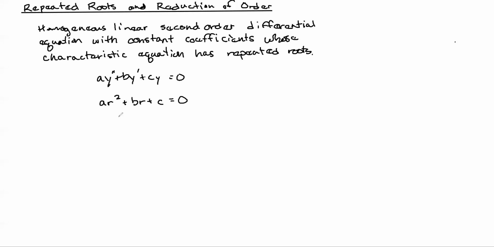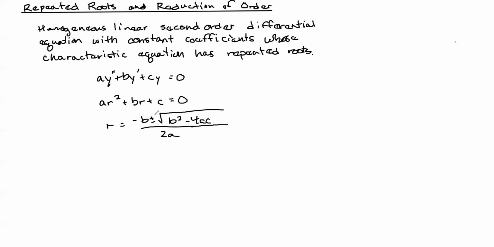So when does that happen? If we use the quadratic formula, we get negative b plus or minus the square root of b squared minus 4ac, over 2a. That only happens if the square root term goes away.